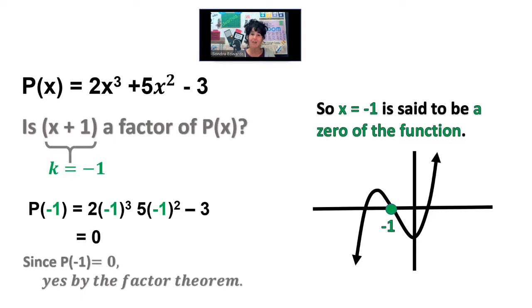And then you would have 111 factored. So since we now know that x plus 1 is a factor of 2x cubed plus 5x squared minus 3, let's go ahead and actually do the division, so we can figure out what 2x cubed plus 5x squared minus 3 factors to be.